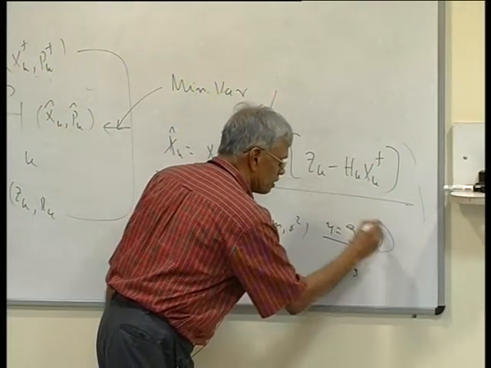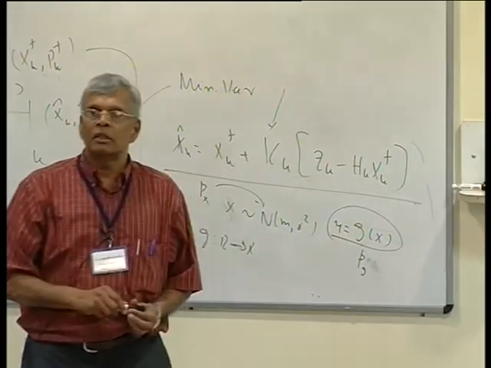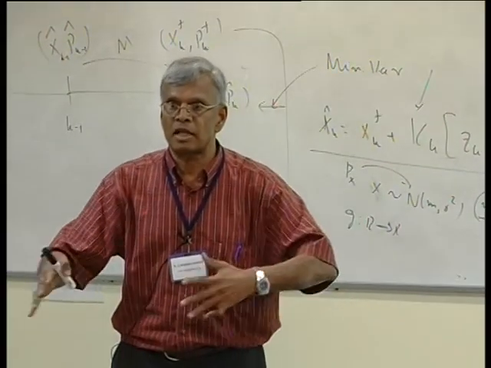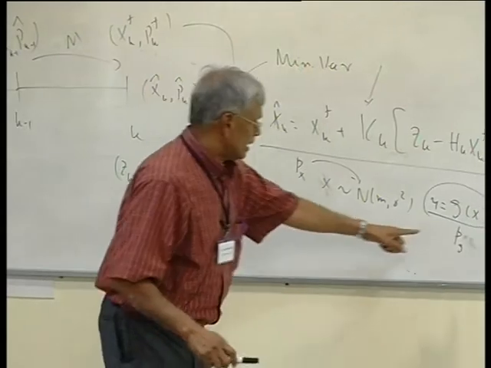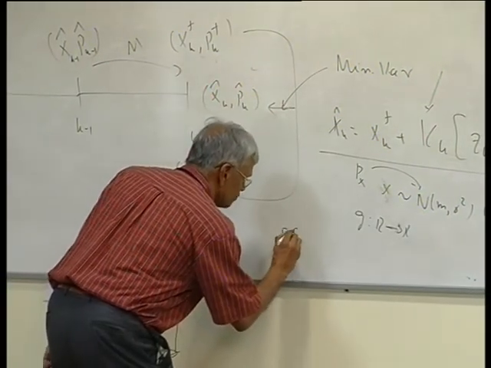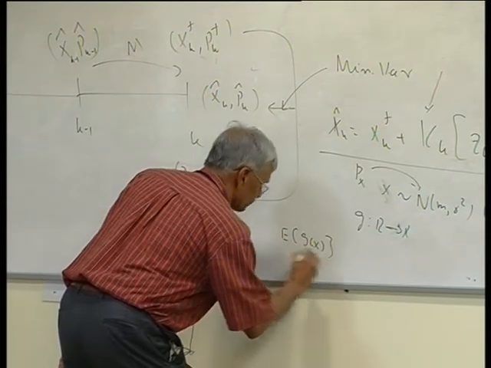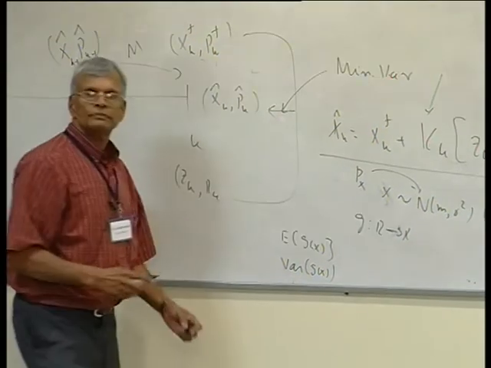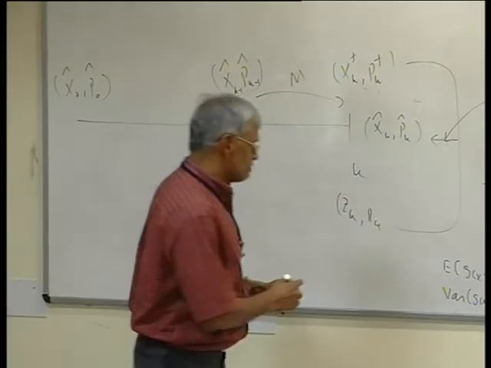How to compute the distribution of a function of a random variable is a standard formula; probability theory talks about that. Now, what is it I want? I would like to be able to compute the mean of g(x) and the variance of g(x).